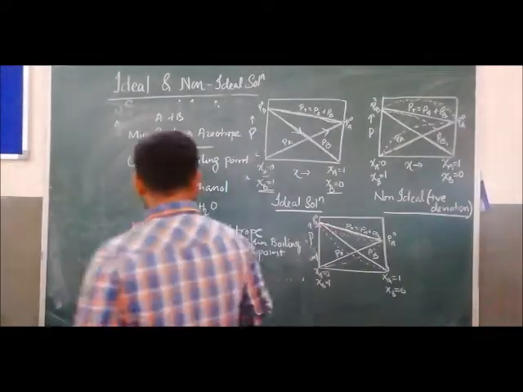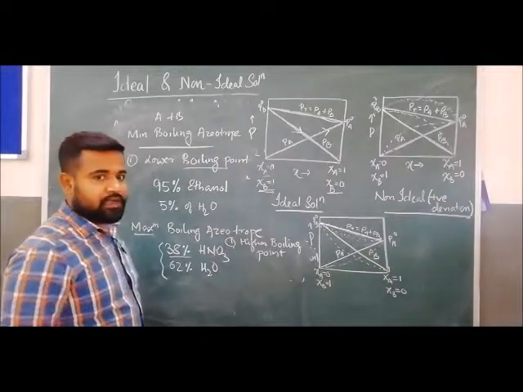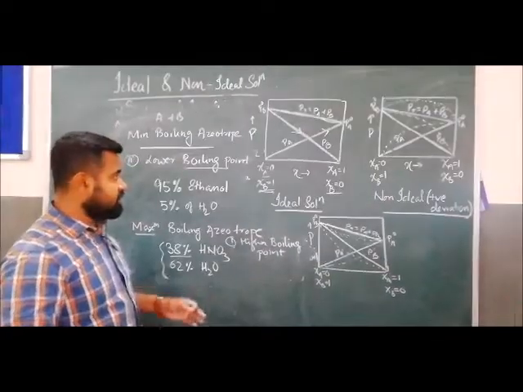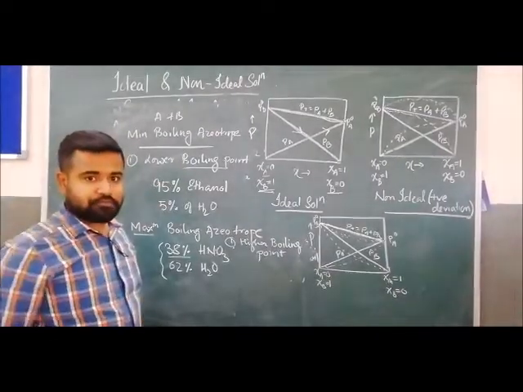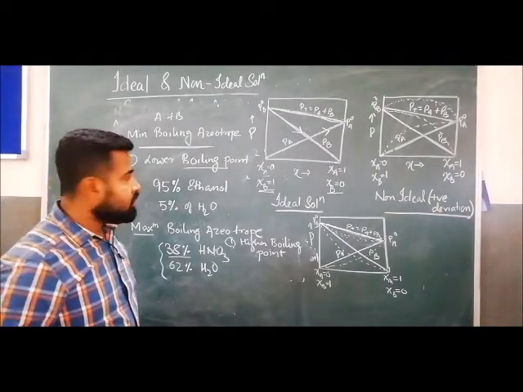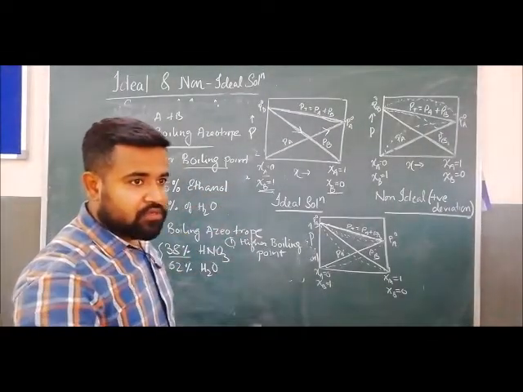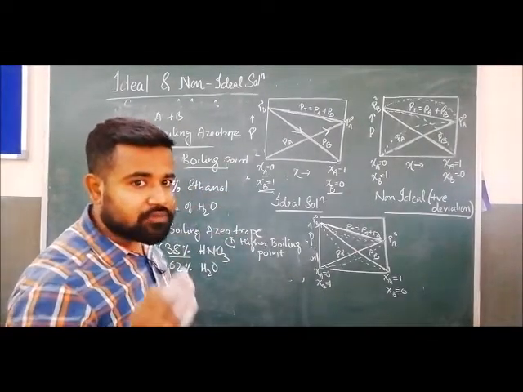So see, when there is lower boiling point, I have told you in class 11, whenever the vapor pressure equals 1 atmospheric pressure, it is called the boiling point.